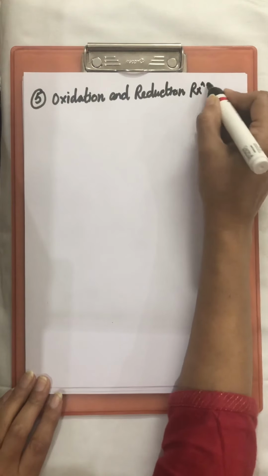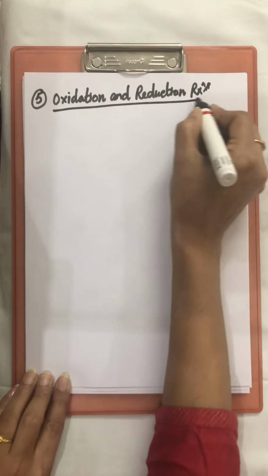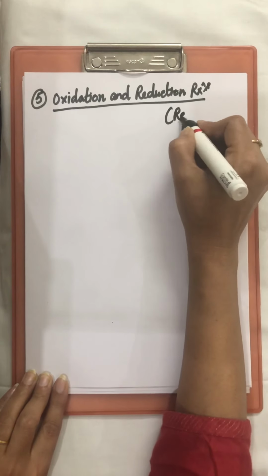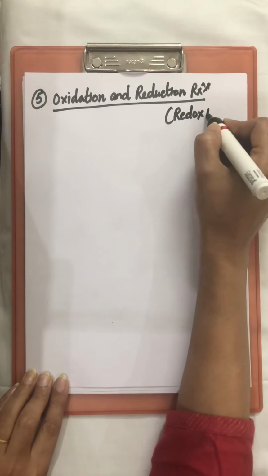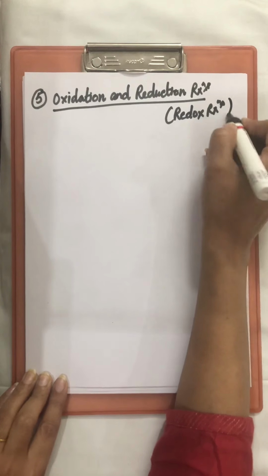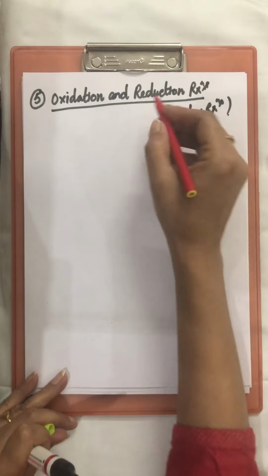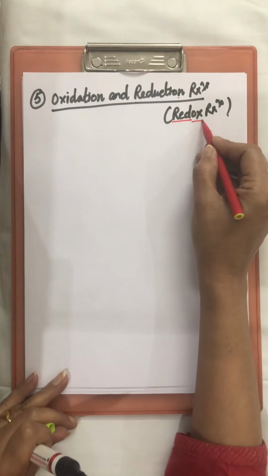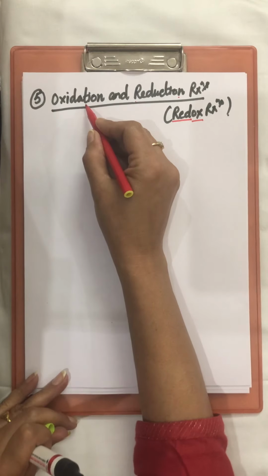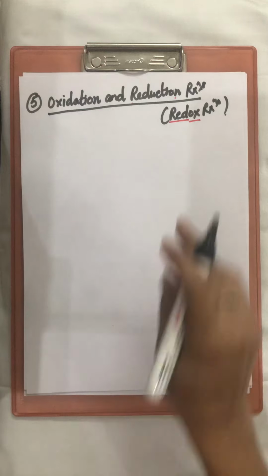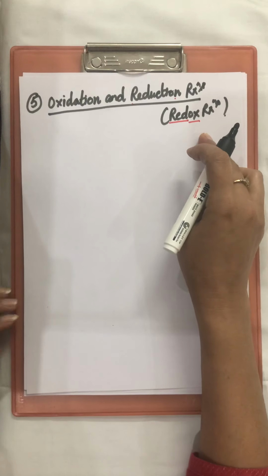Oxidation and reduction reactions are also called redox reactions. Actually, this word redox is taken from RED, reduction, and OX, oxidation.